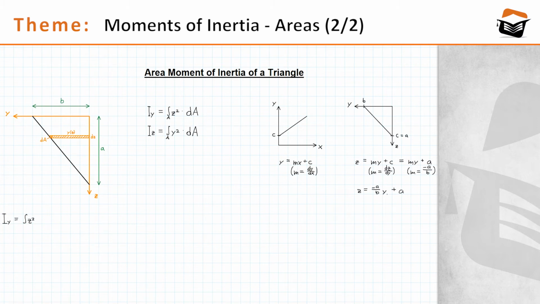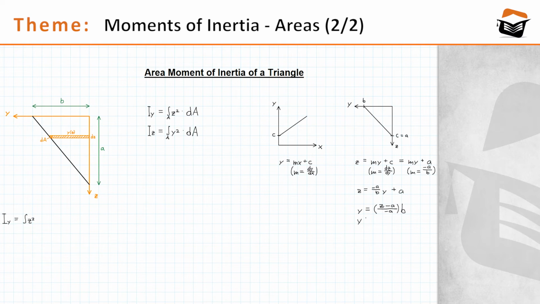If you do the rearrangement, you will get y is equal to z minus a, because the a is going to go to the other side, divided by minus a, times b.